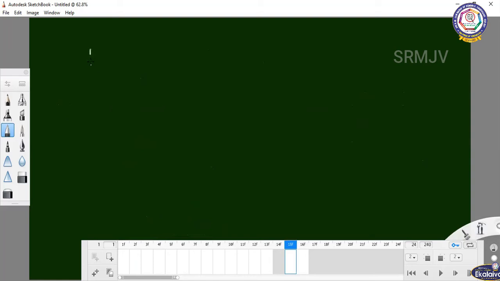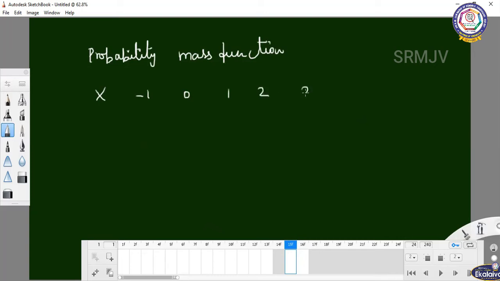So what is the probability mass function? First you find the values of the probability mass function. Capital X can take the values -1, 0, 1, 2, 3.